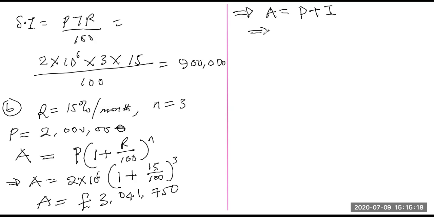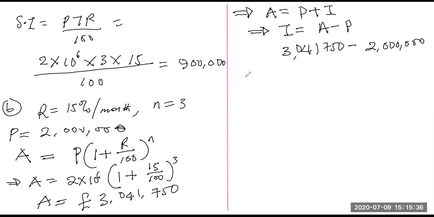So that implies that his interest is going to be the amount minus the principal, and that will give us 3,041,750 minus 2 million.